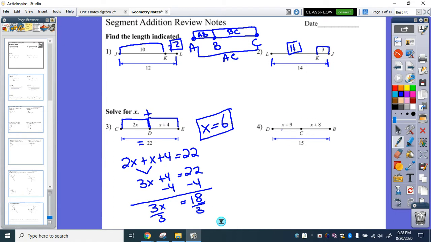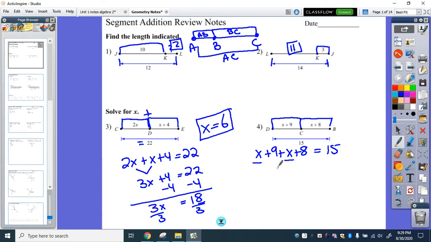Let's do the same idea for a problem like 4. We have the section from D to C is x plus 9. The section from C to B is x plus 8. So let's add those together. x plus 9 plus x plus 8 equals the whole length underneath they showed us was 15.